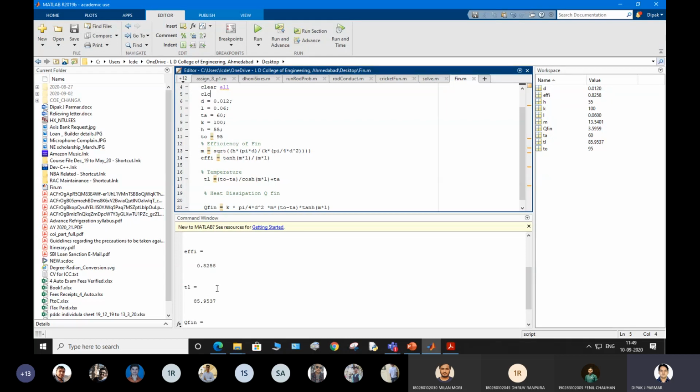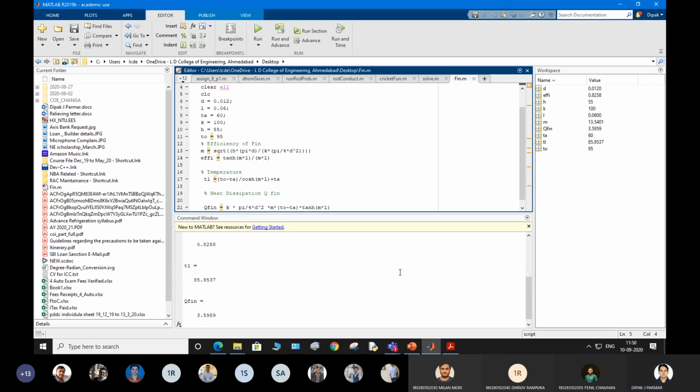Instead of 75, you can see here the value is 85, and the heat transfer from the fin, in the previous case it was 2.7. Now you can check here, it is 3.6 something. So when your conductivity varies, the efficiency is increasing, the temperature is larger compared to less conductive material, and the heat transfer rate is increased.